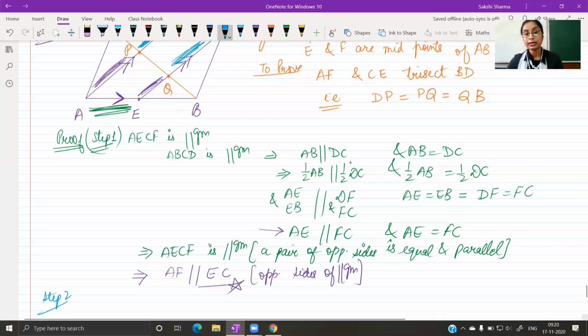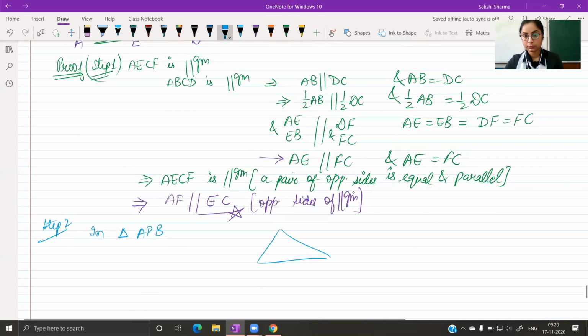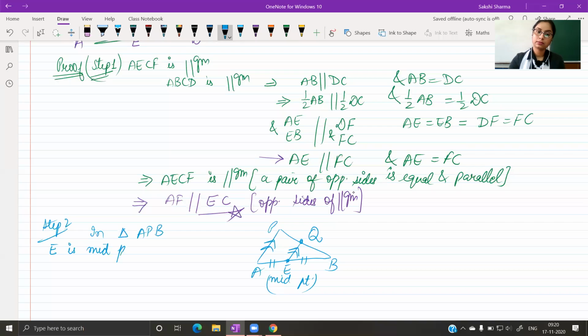Apply converse in triangle APB. In triangle APB, this is given to be the midpoint. Over here, I have point Q, and I have proved that these are parallel. Midpoint of one side, line segment through that parallel to the second side.